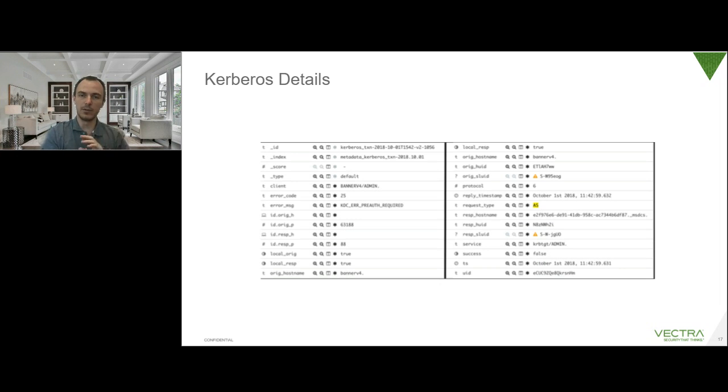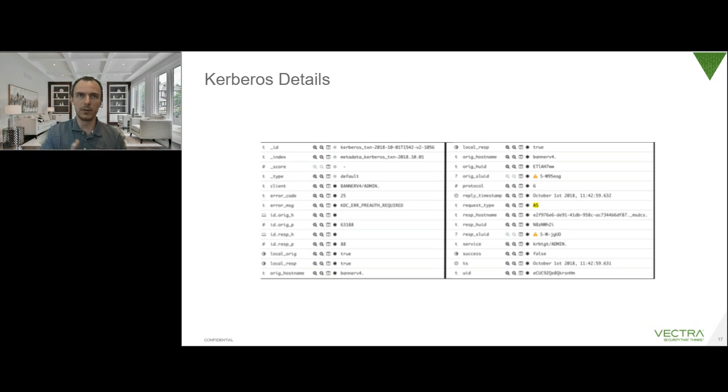Now, this is an example of that AS request. Things that you'll see here, about a third of the way down on the left, is the client, so that is the user. Error code and error message, that's fairly self-explanatory.